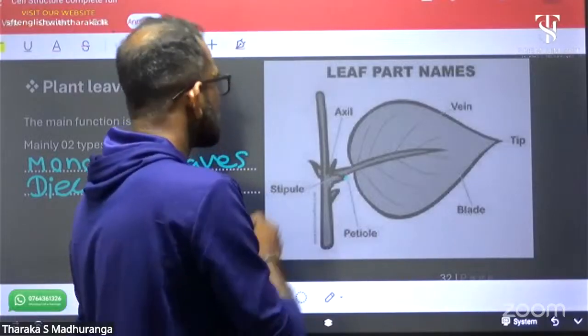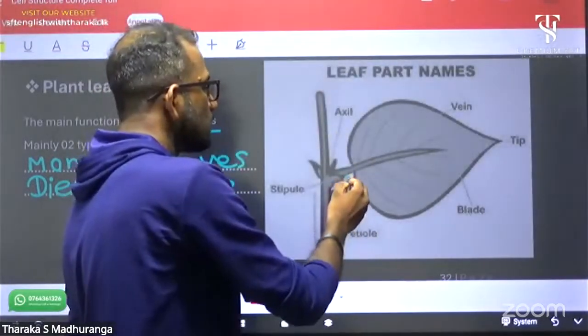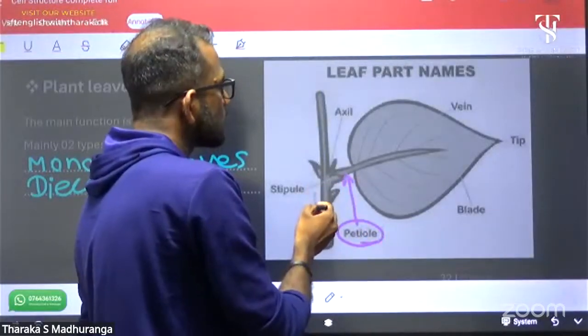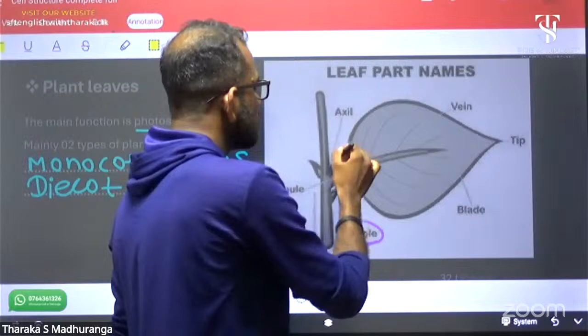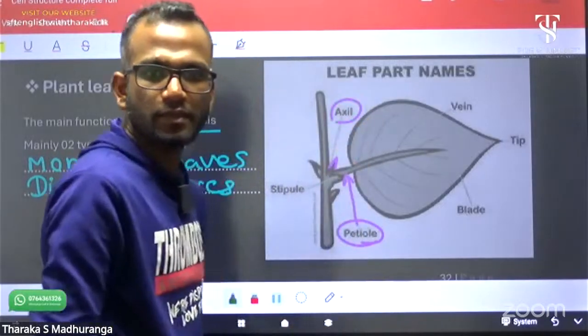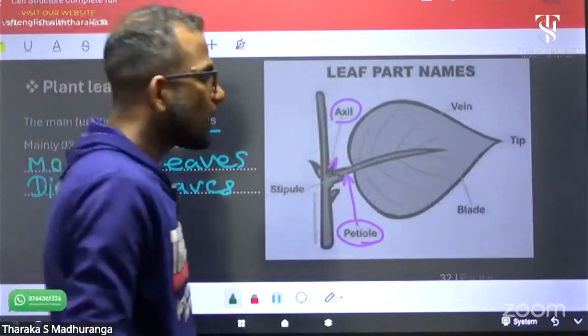This is what we call the petiole. This connecting part we call the petiole. And this is the axil. Axil means this immature bud. We call the immature bud the axil.